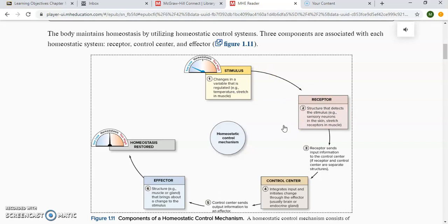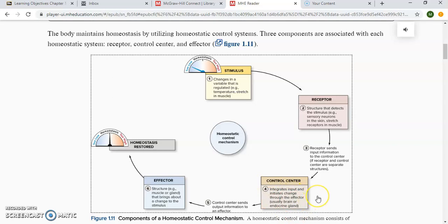Now, they generally will need to tell another part of the body that this has happened. The part of the body that they relay that information to, that there is a change, is called the control center. The control center, the majority of the time, is the nervous system or the endocrine system. Those are the two main body systems that regulate or control homeostasis. They're the ones controlling and making decisions.